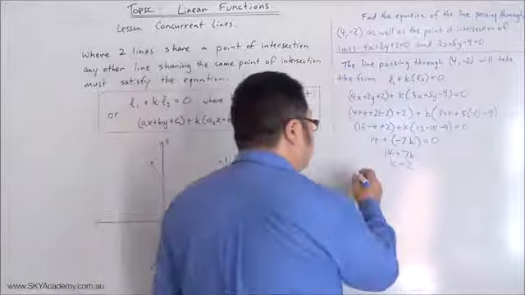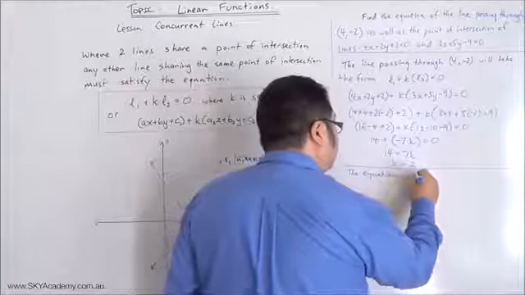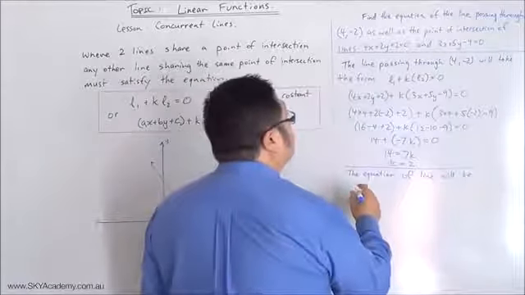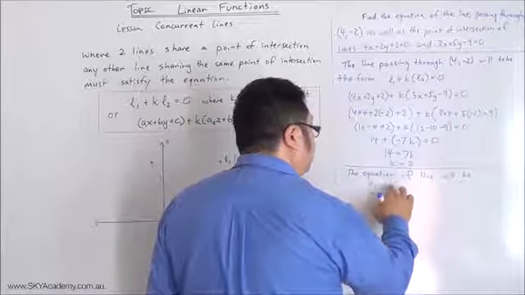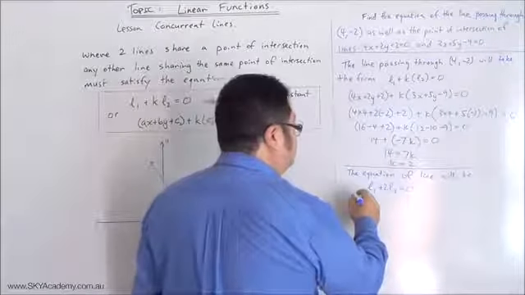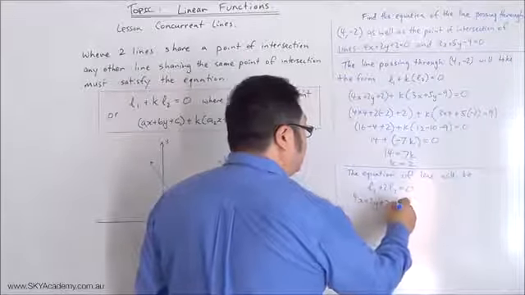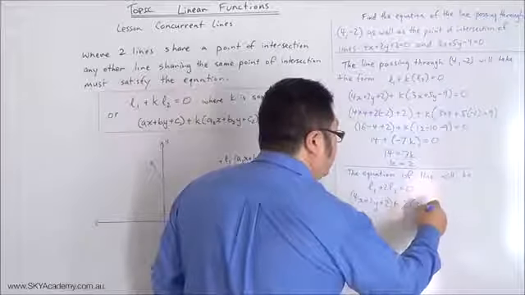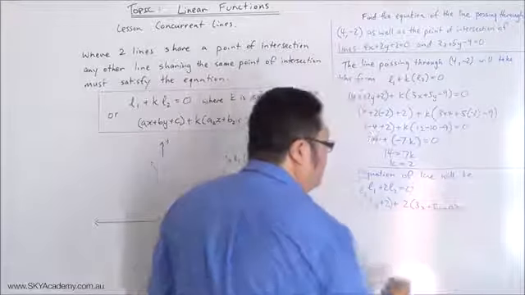So in other words, the equation of the line will be L1 plus 2 lots of L2 equals 0. Yes? So it's 4x plus 2y plus 2 plus 2 lots of 3x plus 5y minus 9 equals 0.